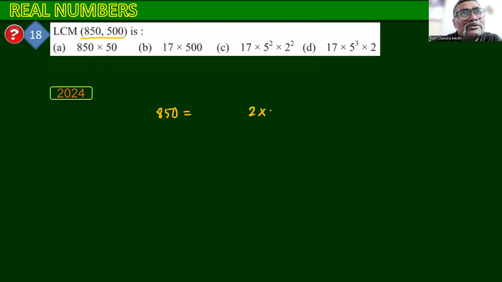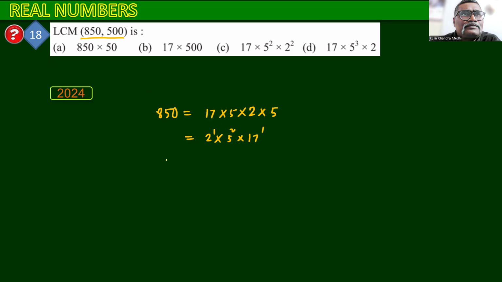So 10 means 2 into 5. 85 means 17 into 5. So here factorization is 2 into 5 square into 17 to the power 1, right?